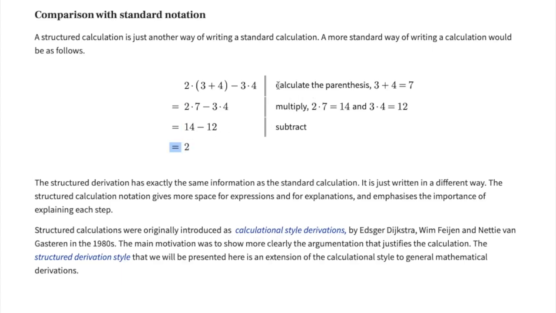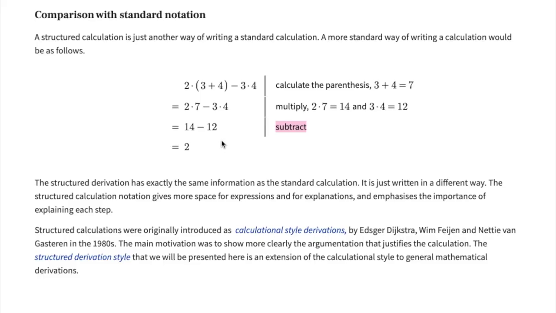And often one writes the explanations or justifications for the step next to this. The disadvantage of writing it in this way is that expressions and justifications are sharing the same line. It becomes more compact, but it gives less space for both expressions and justifications.